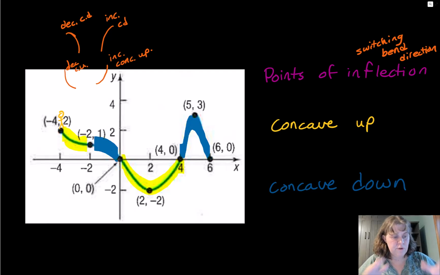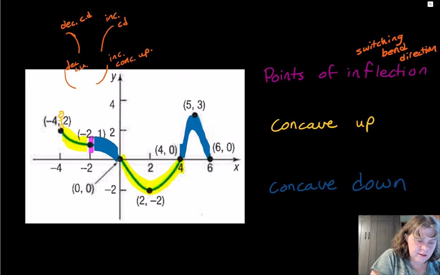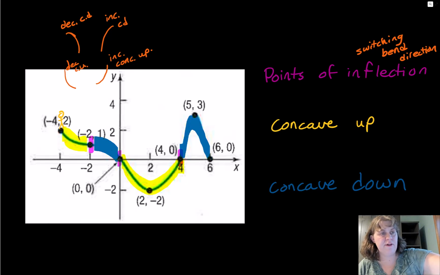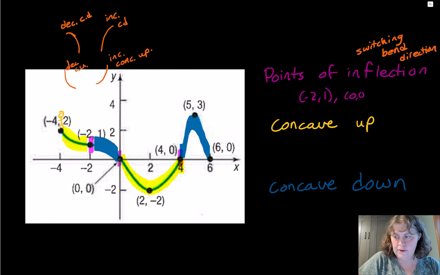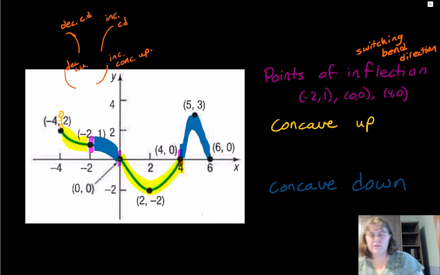Those spots where we switch from one to the other are called points of inflection. So this guy, and this guy. We've got 3 of those points of inflection, so let's write those down: (-2, 1), (0, 0), and (4, 0). They're not always the intercepts. Sometimes they're the zeros. There are other places too. But that's how that one checks out.